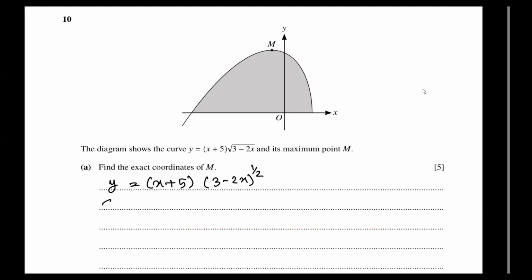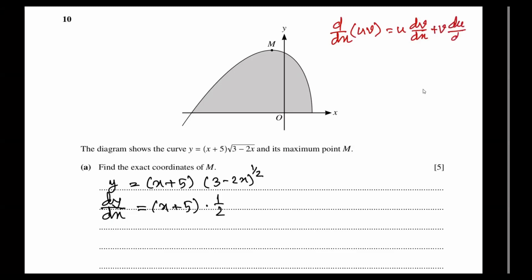Now differentiate dy by dx. x plus 5, then differentiation of the second term. Remember the product rule, d by dx of uv is u times the differentiation of v, plus v times the differentiation of u. So this is u, this is v.